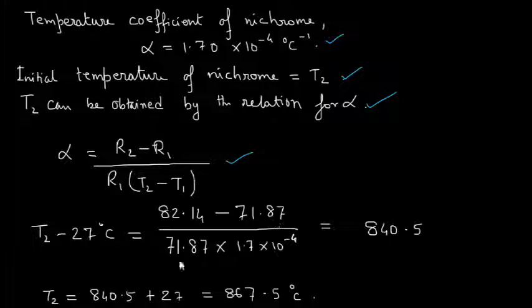So T2 minus 27 degree centigrade is equal to 82.14 minus 71.87 upon 71.87 into 1.7 into 10 to the power minus 4. Upon solving, we get 840.5. So final value of T2 is equal to 840.5 plus 27, that is 867.5 degrees centigrade. And this is the end of today's class.